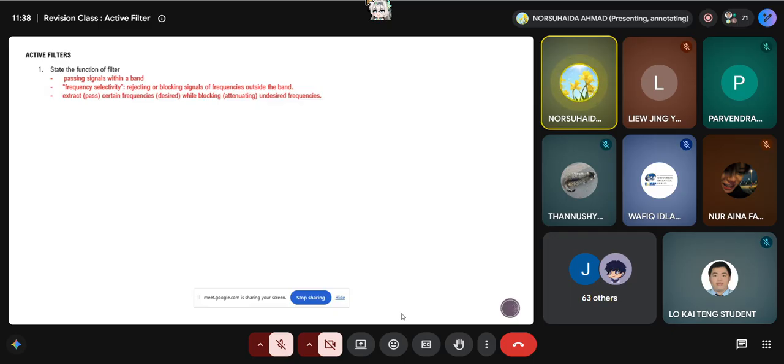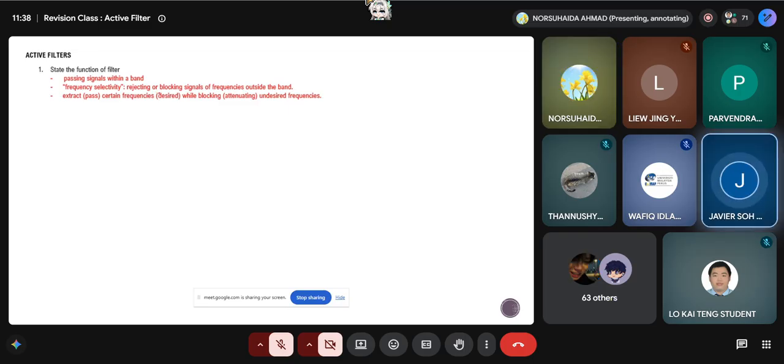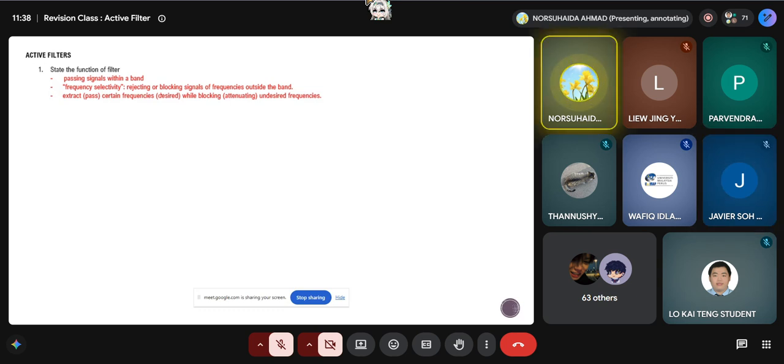Okay, so for active filter, question number 1: state the function of the filter. So where to get the question? In e-learning. In the last class I already said that every one of you should download the questions from the e-learning.